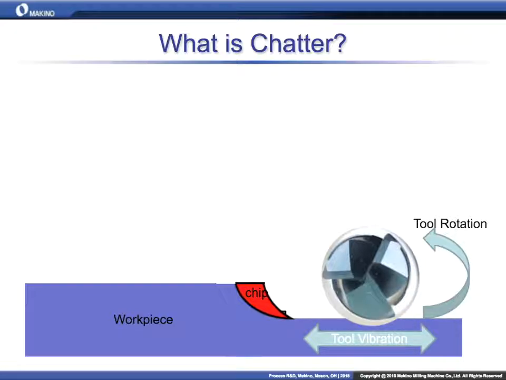Let's pretend that it can only vibrate back and forth in the direction shown by the tool vibration arrow, and it's rotating. If you combine those two motions in your head and picture what the chip might look like, you wouldn't have that perfectly crescent-shaped chip. You'd have waves on each side of that chip.